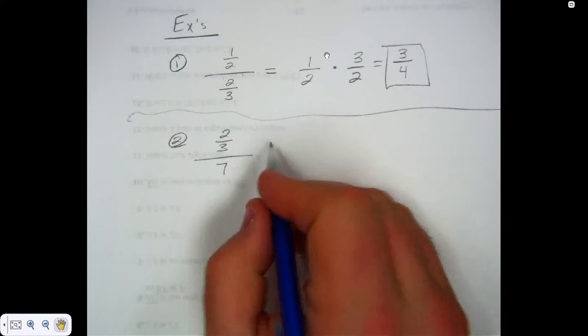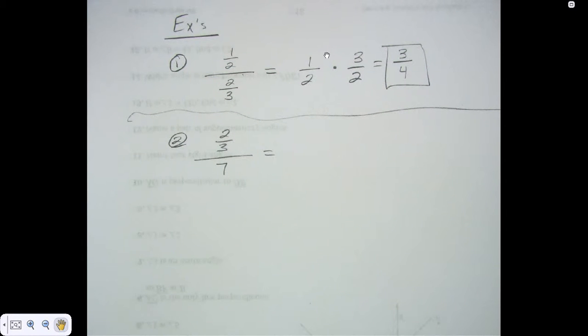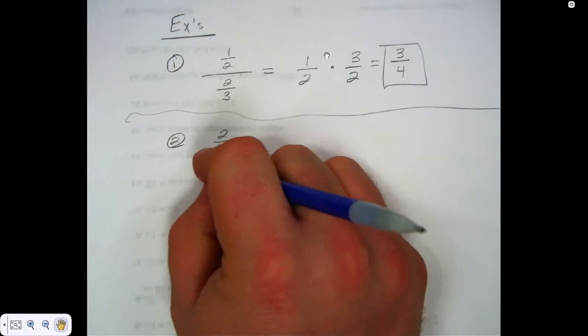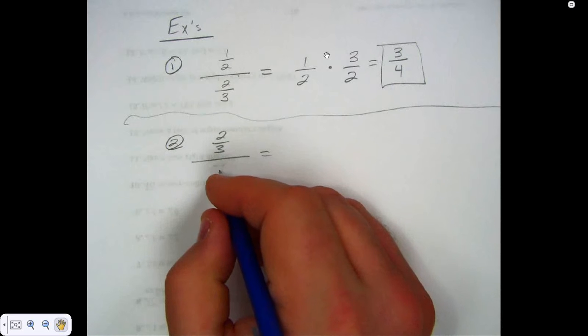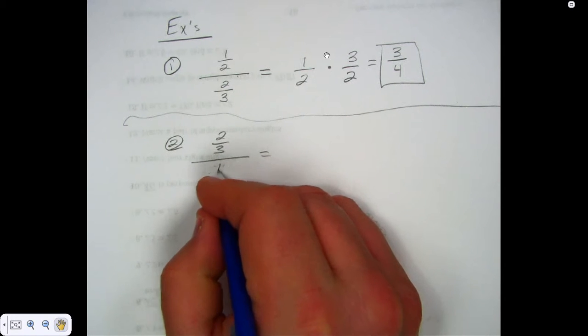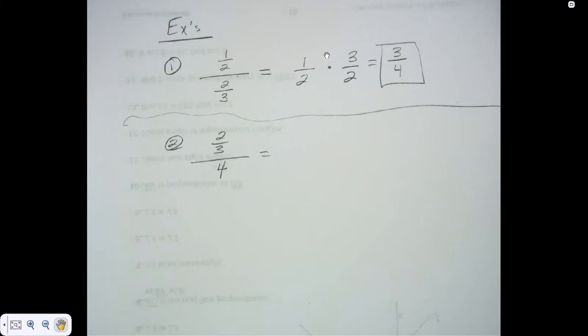Let's do another one. Tell you what, how about we make that 4. Two-thirds divided by 4.